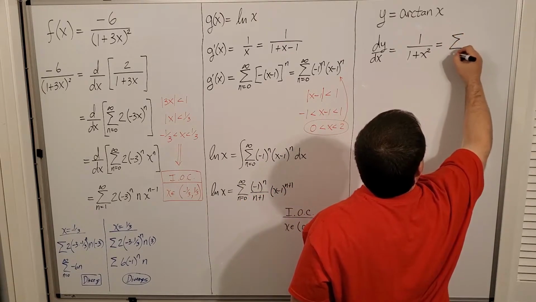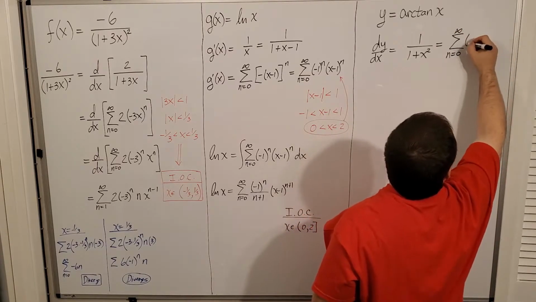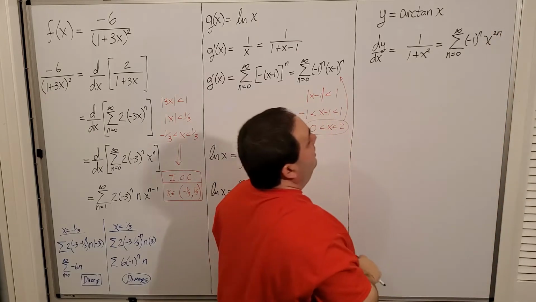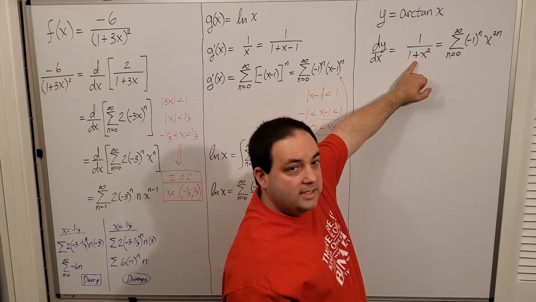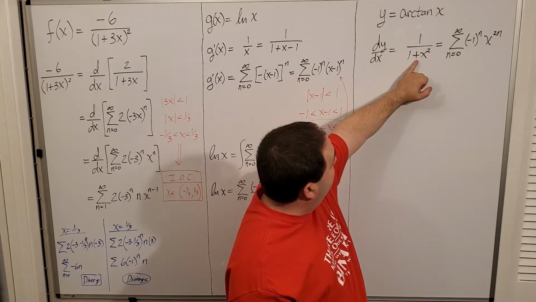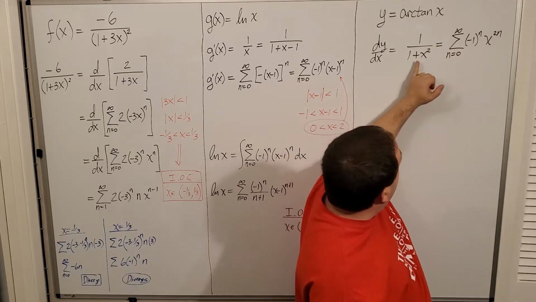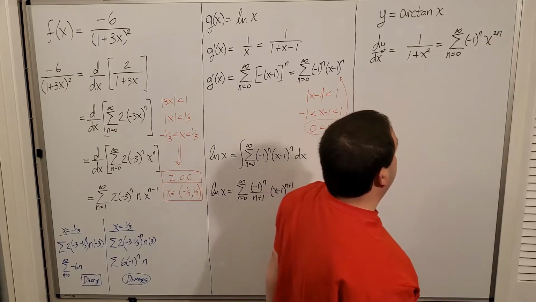That power series is going to be the sum from 0 to infinity of negative 1 to the n, x to the 2n. Take a real close look, right? I have to do the double negative to make it the minus that I need for the geometric crossover. And then it's x squared to the n. So the negative 1 comes from the negative, and then the x squared is x to the 2n.